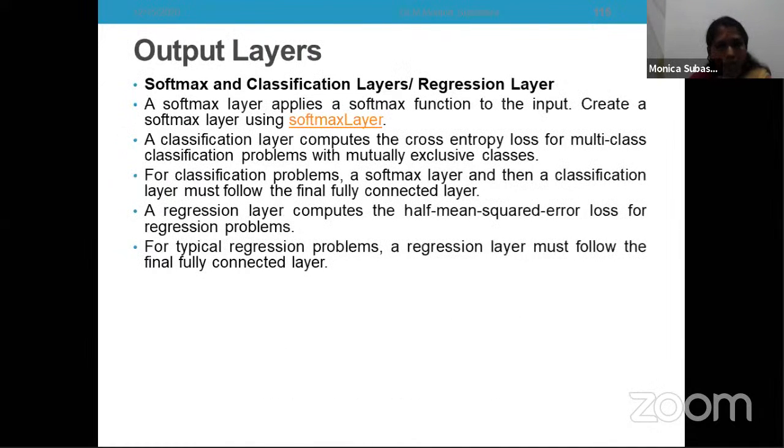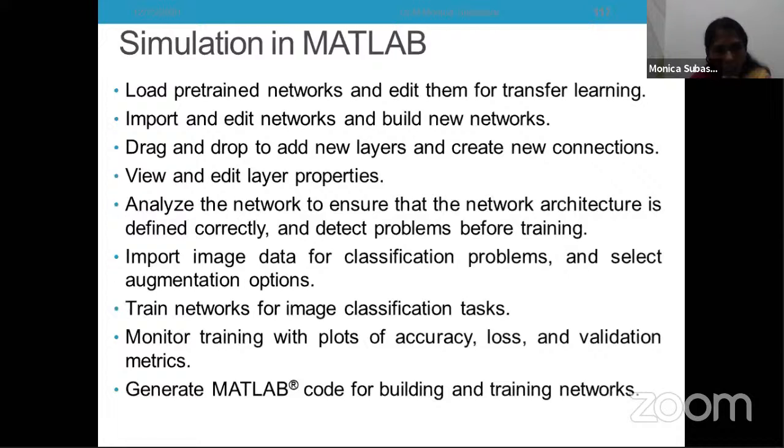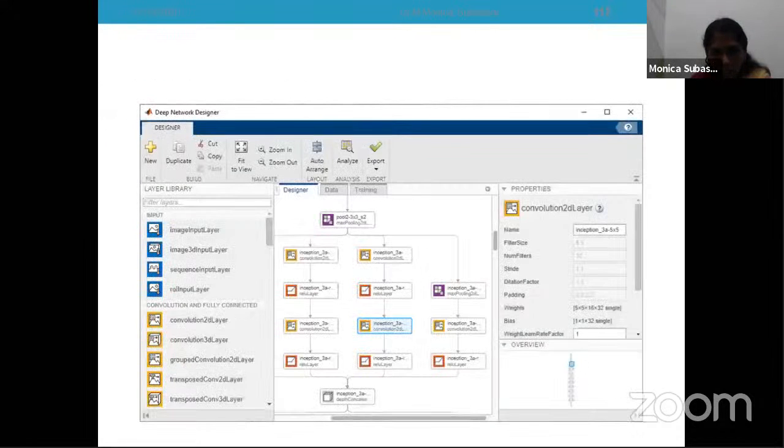With this, the theory part is over. I just wanted to show in our MATLAB, I found this deep learning training box. No need to design, but instead everything is available. Just drag and drop and you can construct your deep learning network.